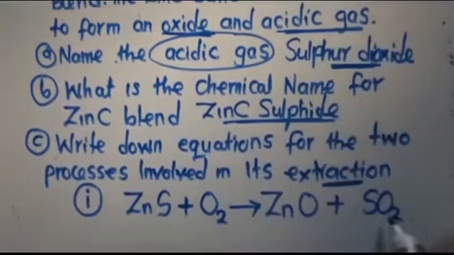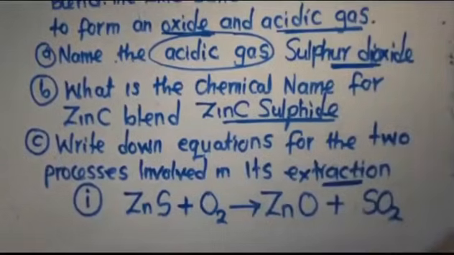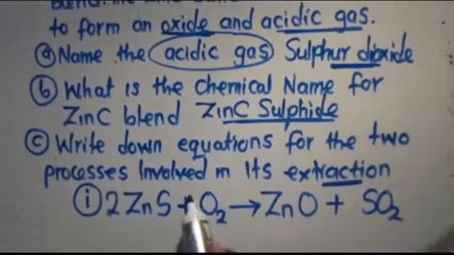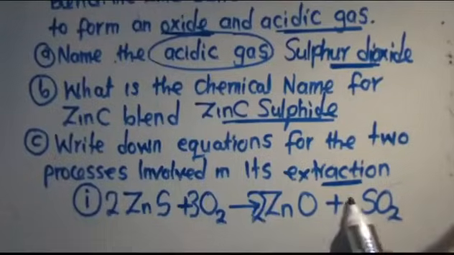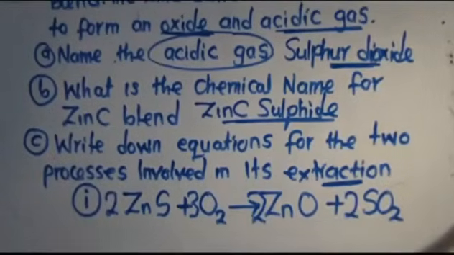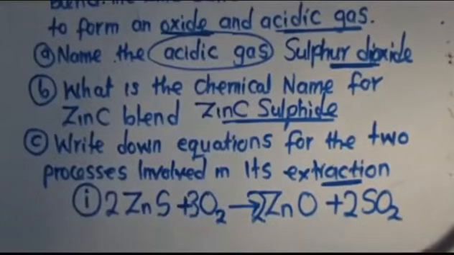This is the sulfur dioxide, which is the acidic gas. For us to balance, you just put a 2 here, you put a 3 here so you have a 3 there. On this side, you put a 2 here and a 2 here. Then it is balanced. This is a balanced equation. This is what you need to do for you to balance it.